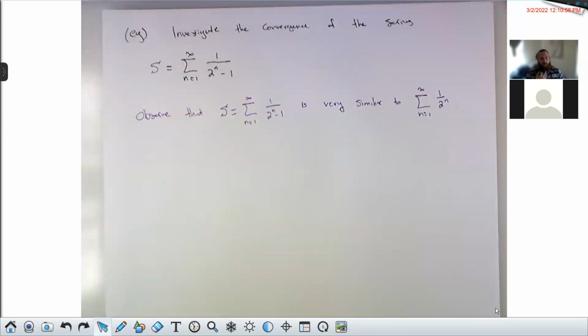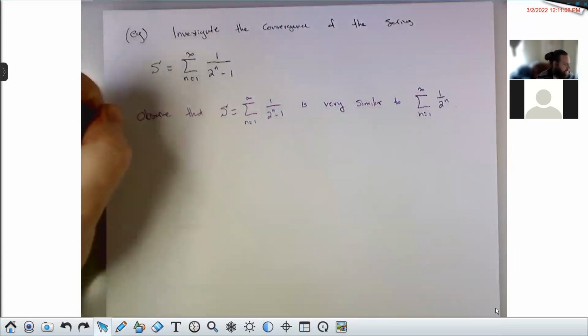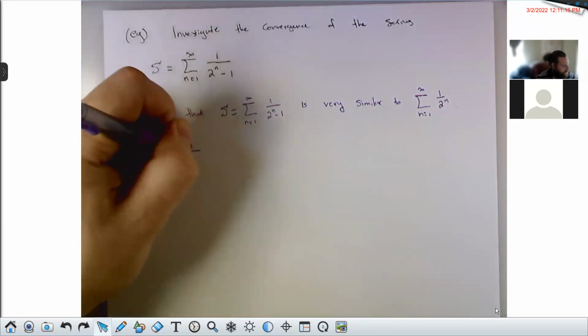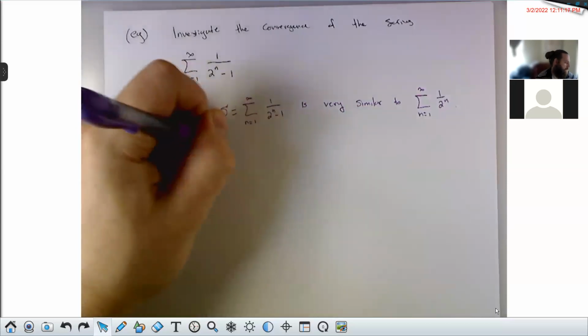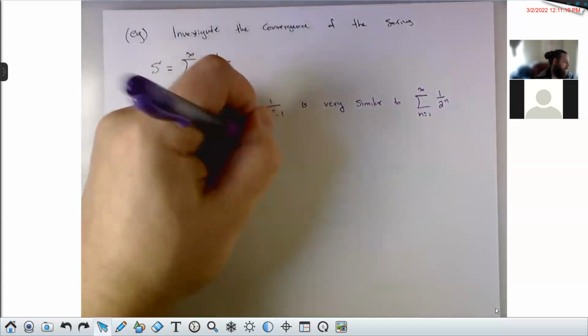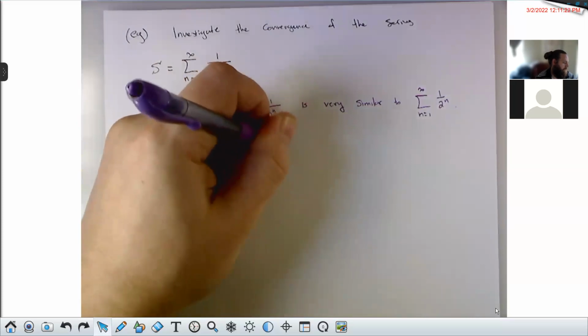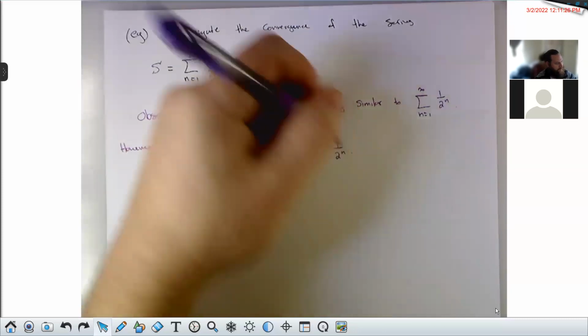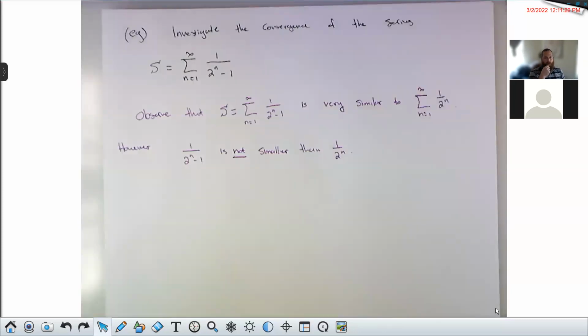However, we run into a problem if you try to use direct comparison. 1 over 2 to the n minus 1 is not less than 1 over 2 to the n.